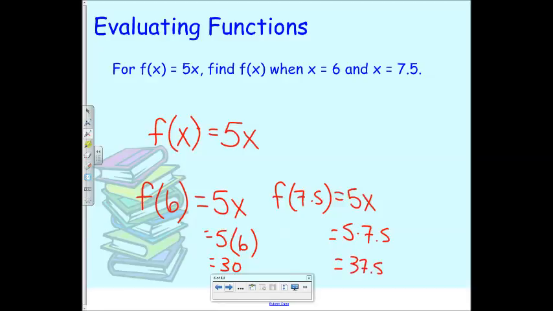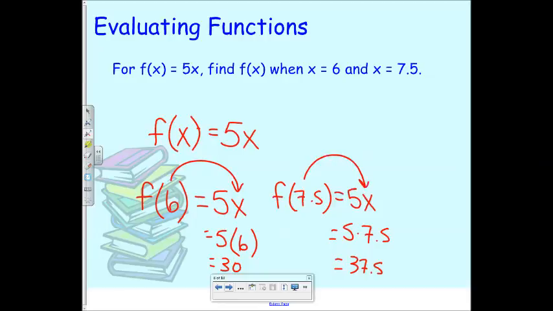All right? So function notation, a lot of times people get freaked out because they see this f parentheses x stuff. Don't let yourself get freaked out. Just know that whenever it says this, all that means is just plug it in. All that means is plug in whatever variable is here that goes into the x spot.